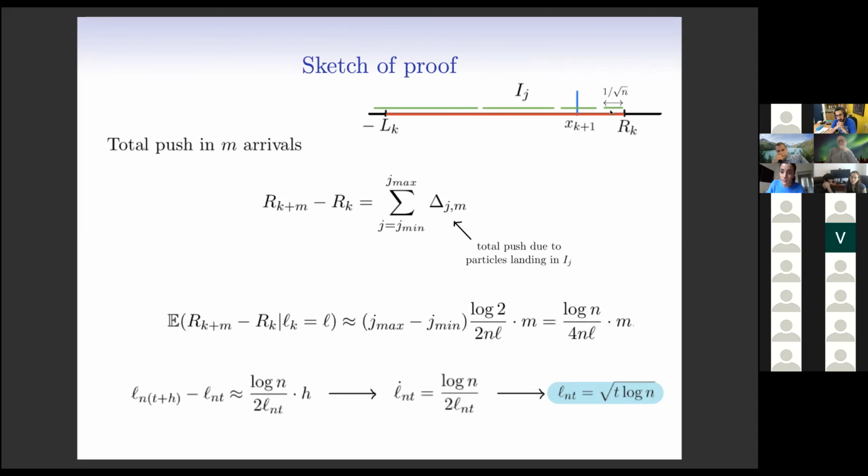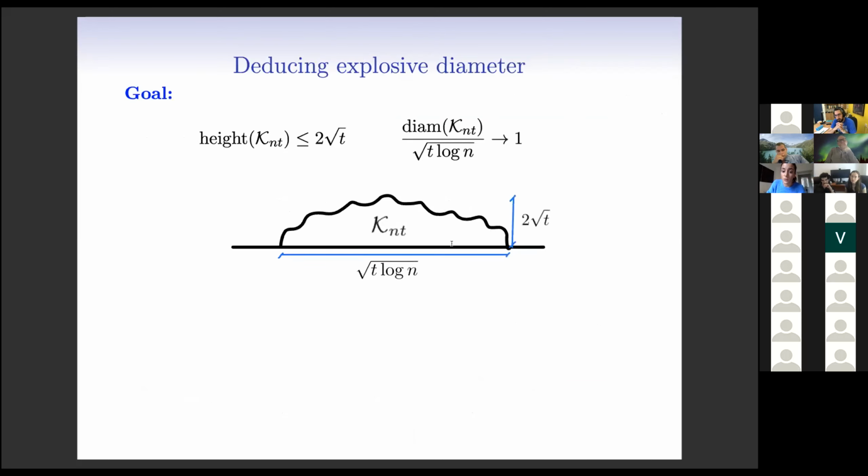And so that's why we think there is a phase transition, because for alpha large enough, you should not get enough push from particles landing close to the extrema. Does this answer the question?